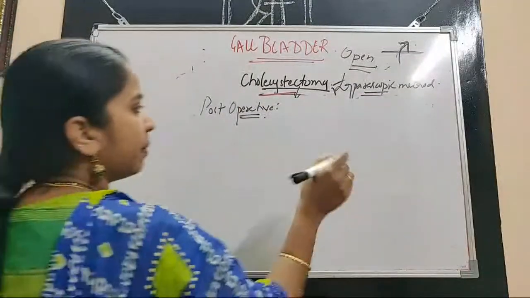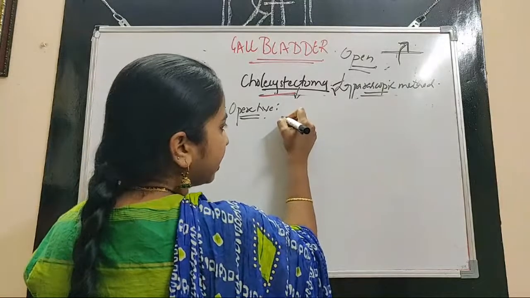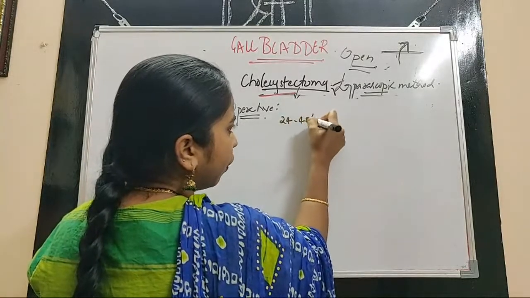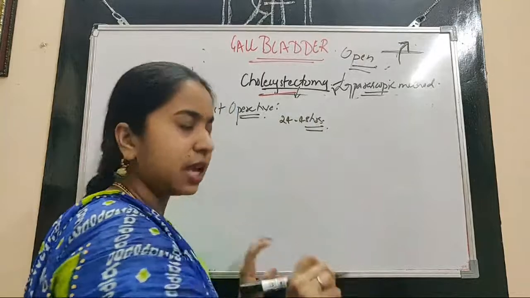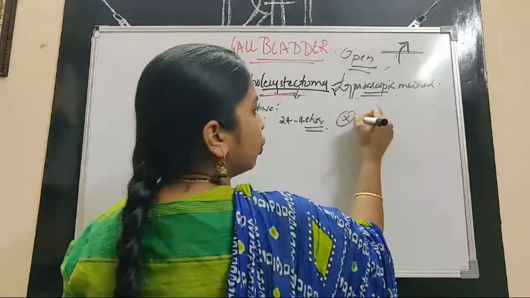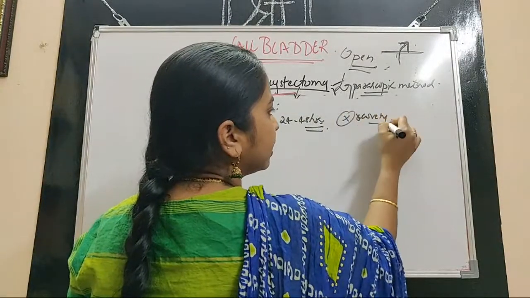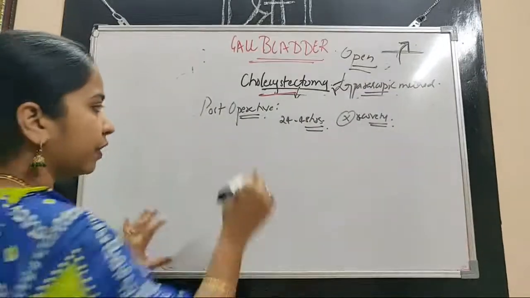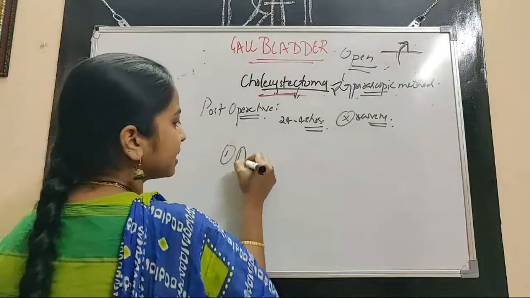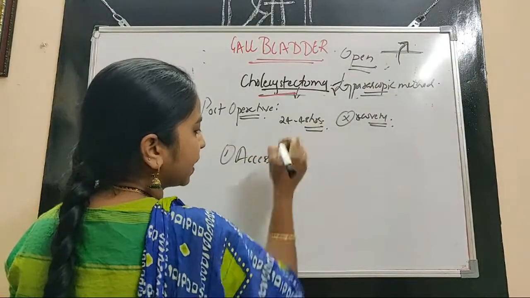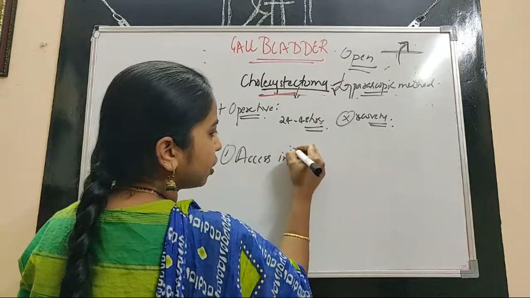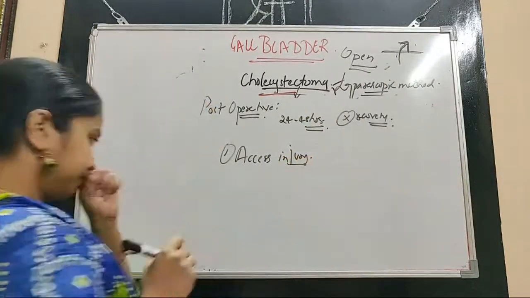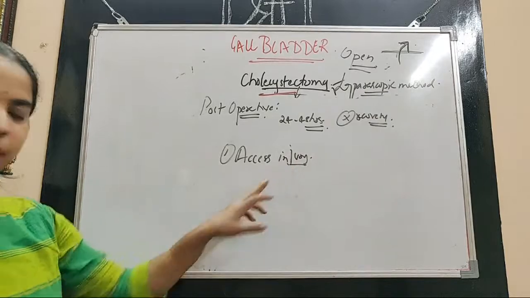Most patients recover within 24 to 48 hours of surgery. Now suppose there is no recovery, then what are the things we have to think of? One is access injury. With respect to laparoscopic techniques, it's called access injury. How can an access injury happen?